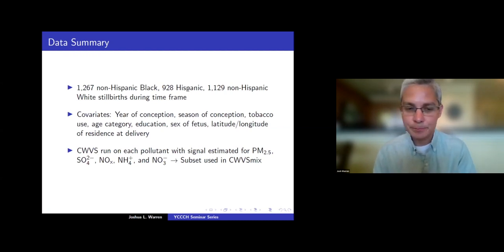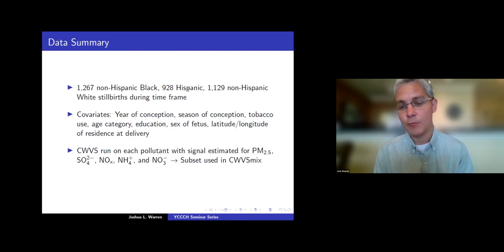their interaction term. As a pre-screening, because we had 12 pollutants to work with, we didn't want to introduce a lot of noise, if possible, into the new framework. So we did a pre-run of the original critical window variable selection on each pollutant individually, as most analyses would do anyway, and identified a subset across all of the different data sets. And by different data sets, I mean the non-Hispanic Black, non-Hispanic White, and Hispanic.